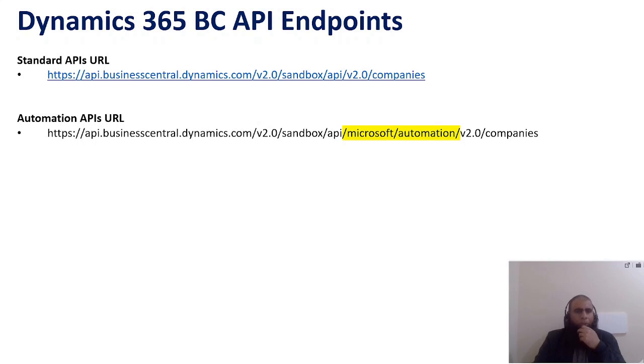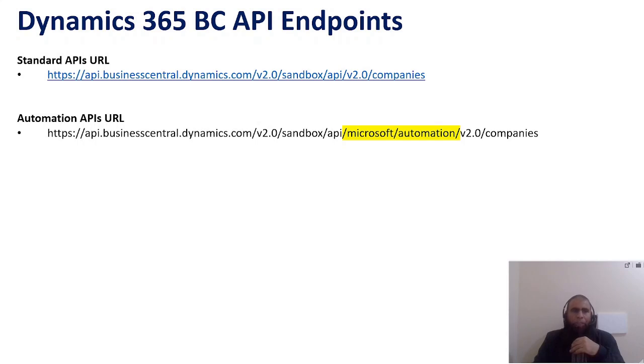Here are both the standard and automation API endpoints, and you can see there is no big difference, but automation APIs have two extra components. The rest is all the same, and even the authentication is the same for both APIs.